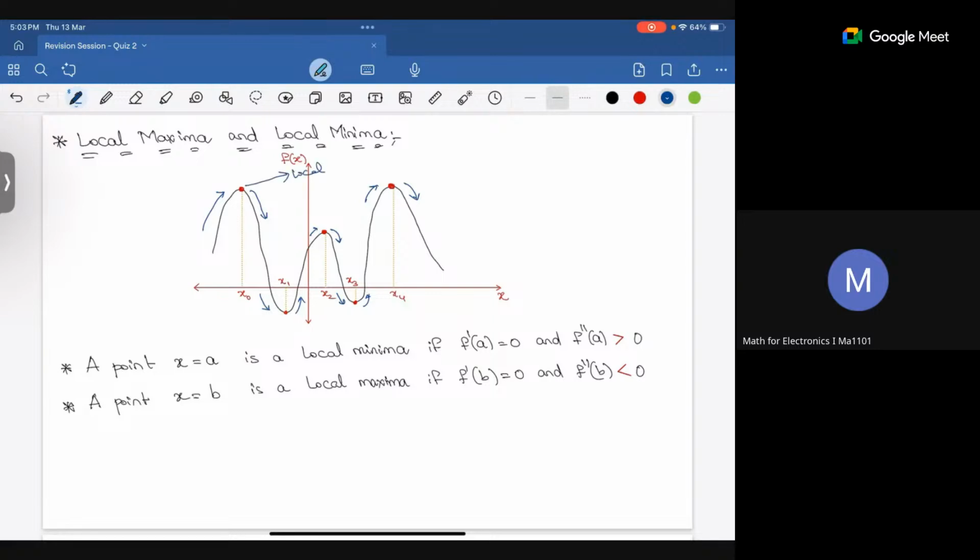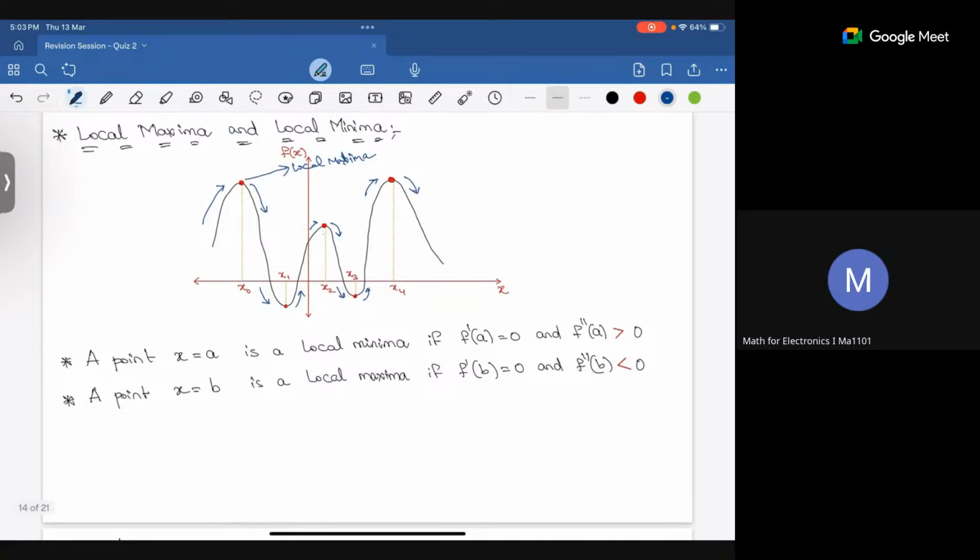Even at x2, left of x2 and right of x2, both function values are lesser than f of x2. So this also is a local maximum. Similarly, this is also a local maximum. So these peak points are the local maxima.